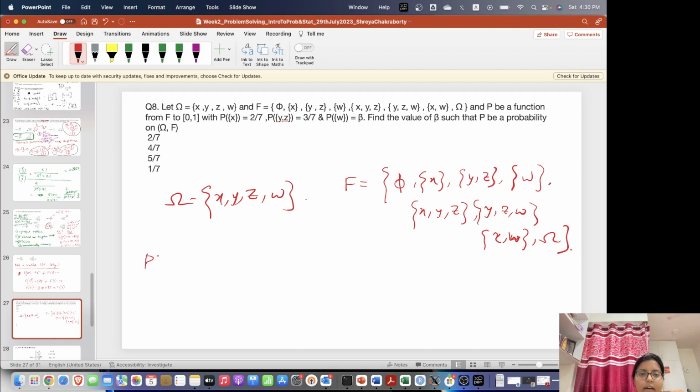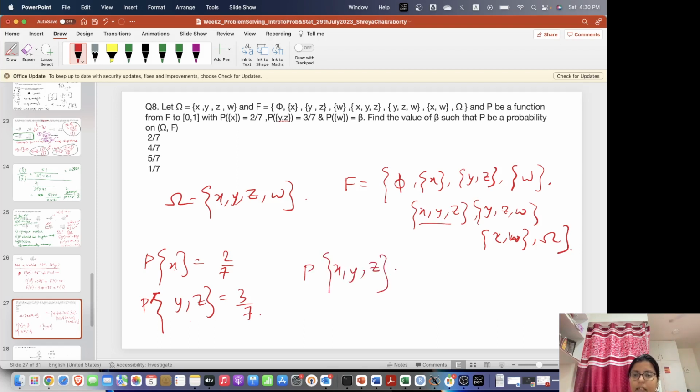So here we have probability of x equal to 2 by 7, probability of y and z equals 3 by 7. Their union also belongs here. So that will be 2 by 7 plus 3 by 7, that is 5 by 7.